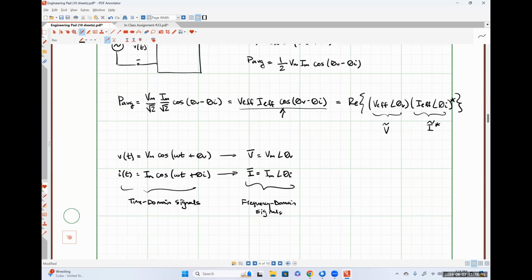We're going to take those frequency domain signals one step further, and we are going to enter the RMS phasor domain. The RMS phasor domain is where all power calculations occur.